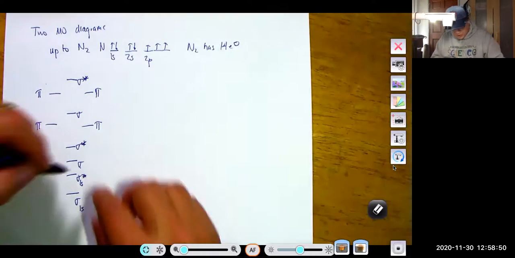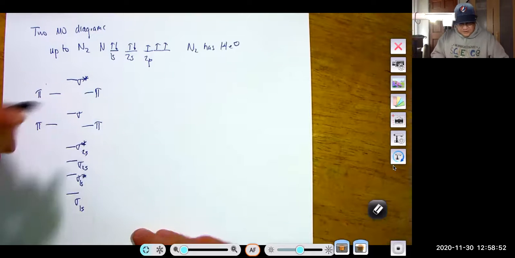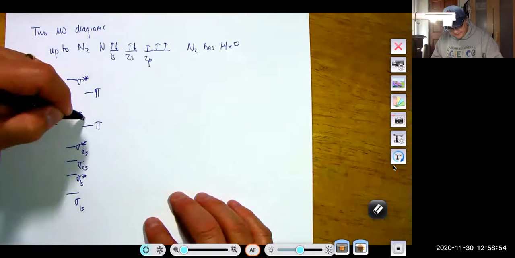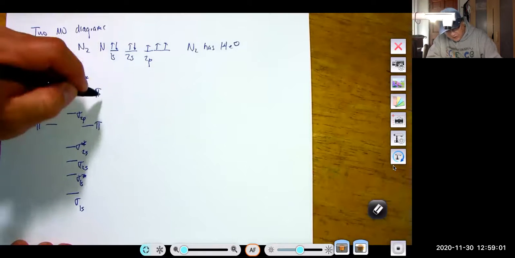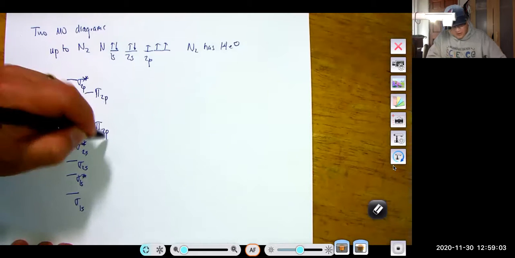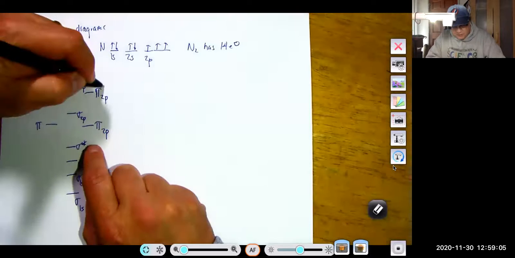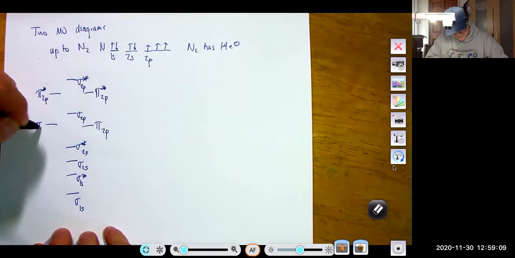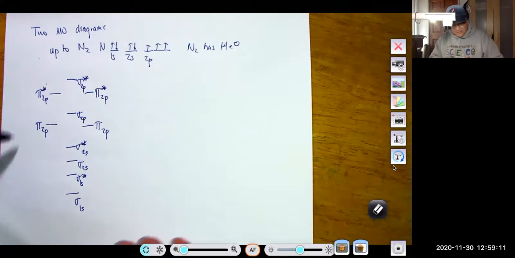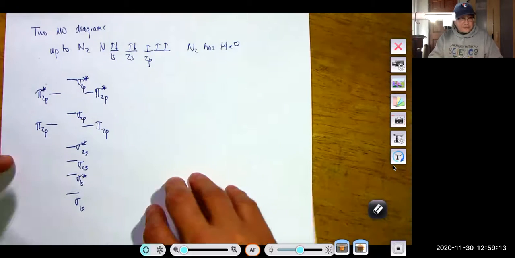The next 2 are 2s's. The next 2 are 2p's. And here these are 2p's. And remember, the lower one is bonding, the upper one is anti-bonding. So this is one of the MOs you should understand.